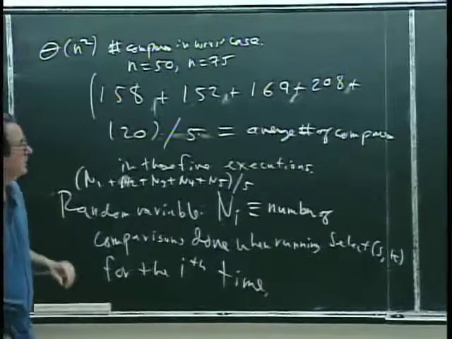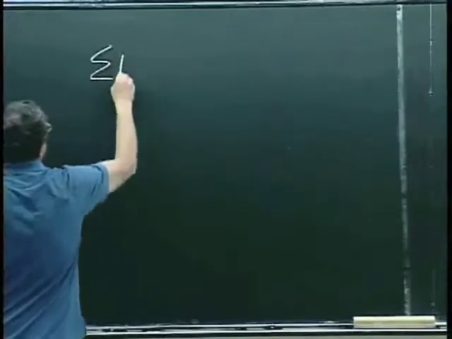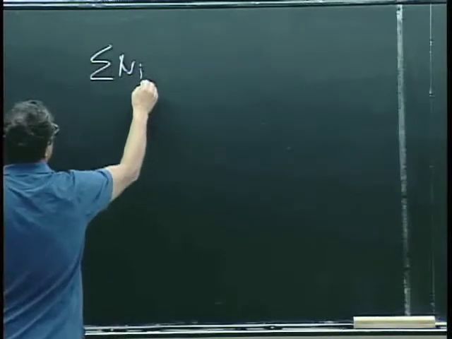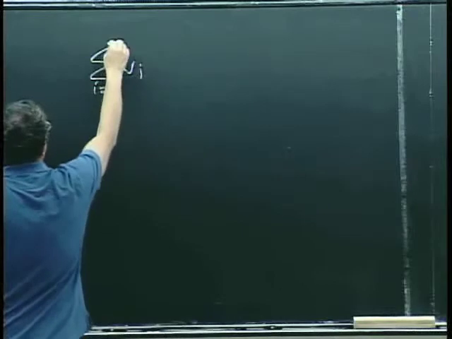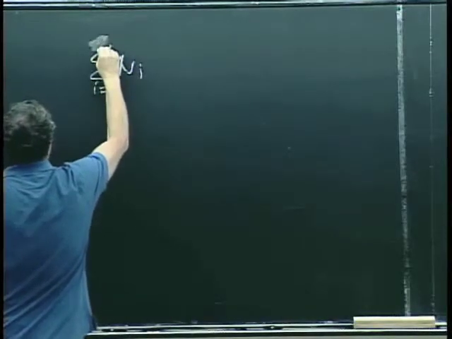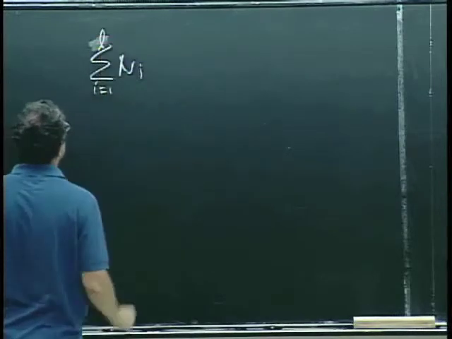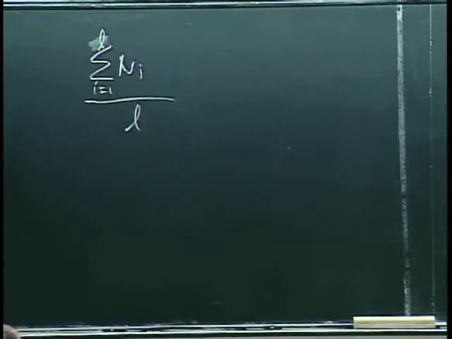Okay, so now what happens if we do this? The sum of Ni, i equals 1 through L, divided by L. That's the average number of comparisons that are done if you do your experiment L times.